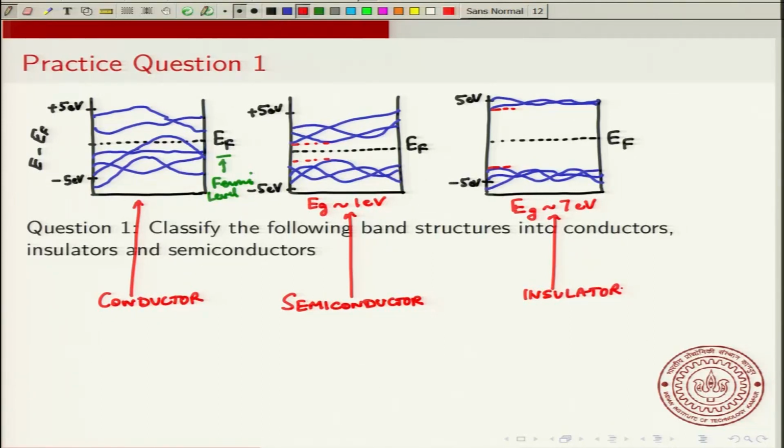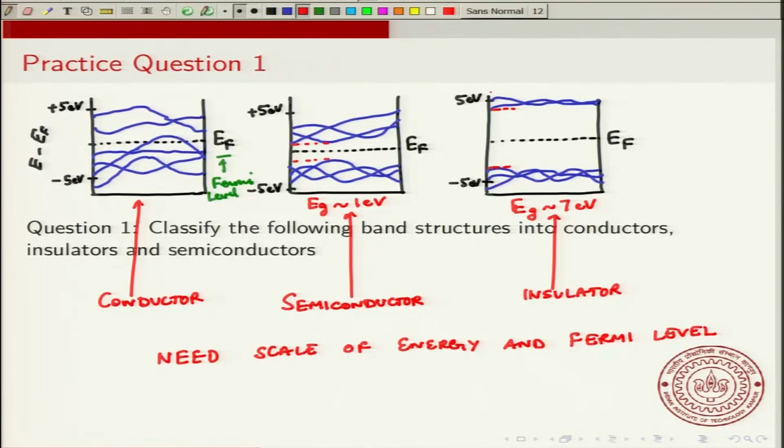What is important is that if you want to know whether a material is a semiconductor, conductor or insulator, you really have to have the energy scale on the axis, and you have to know where the Fermi level is.